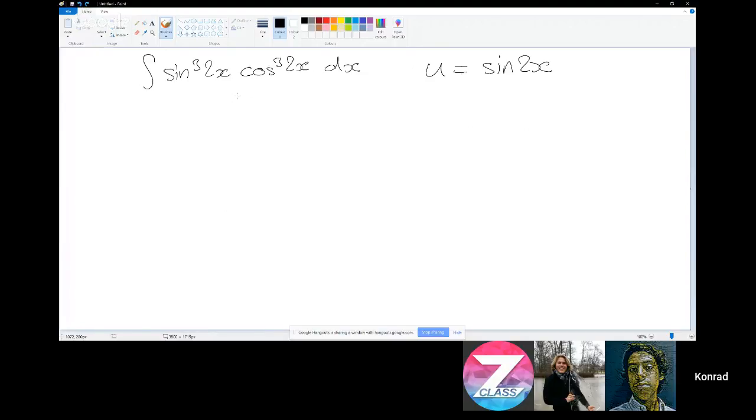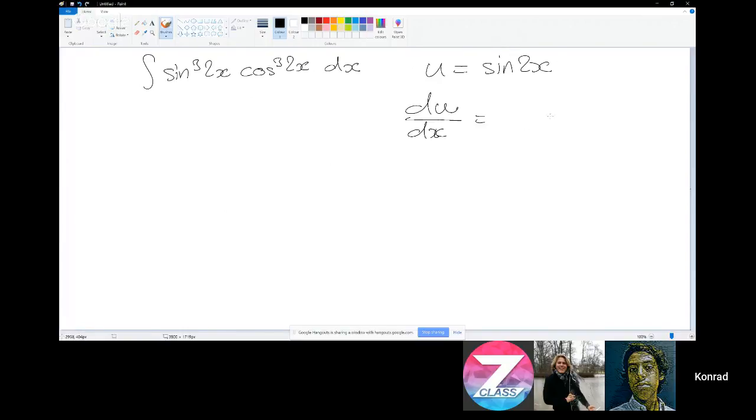So the next point is that we differentiate our substitution. We do du by dx, differentiating with the chain rule.